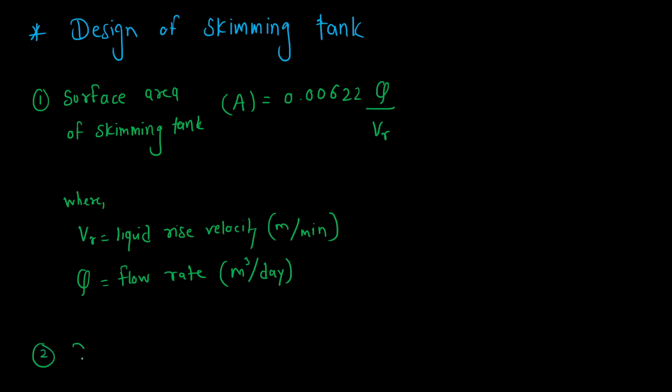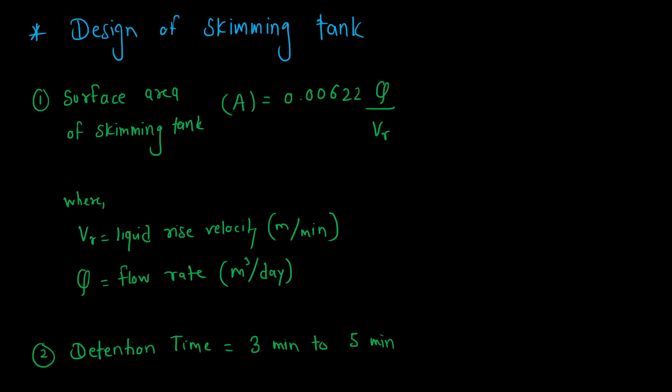And the second one that we should know for the design of the skimming tank is the detention time for skimming tank. So the detention time is 3 minutes to 5 minutes. Okay, so these are the two formulas that you should remember while designing the skimming tank.